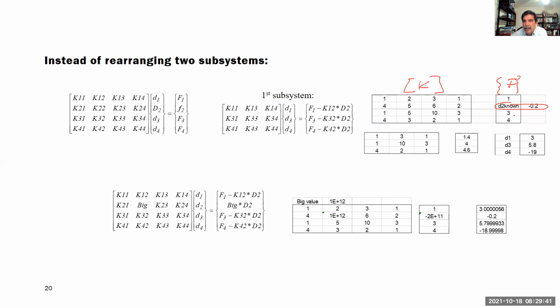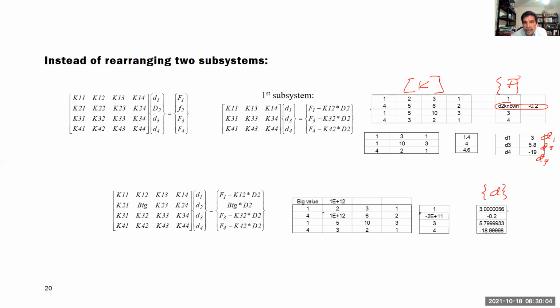So this is F1, F3, and F4. In this case, D2 is minus 0.2. This is the example that we're solving. And this is also displacement. So this is D1, this is D3, and this is D4.